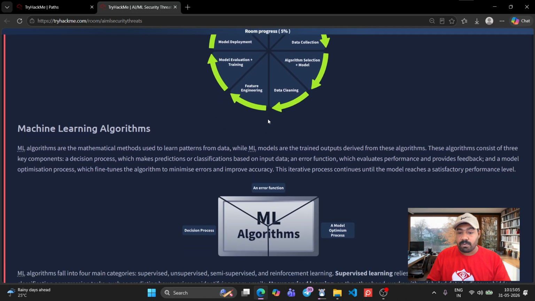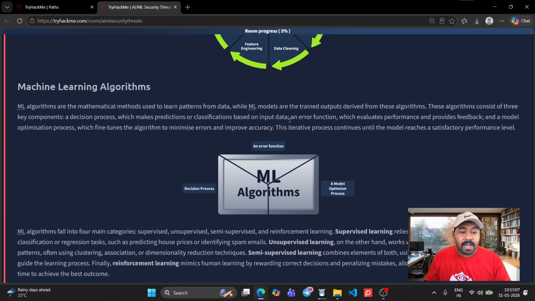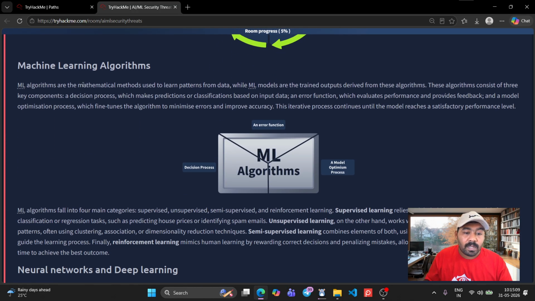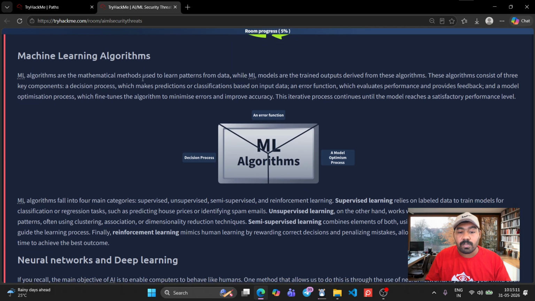Machine learning algorithms. ML algorithms are the mathematical methods to learn patterns from data, while ML models are the trained output derived from these algorithms.